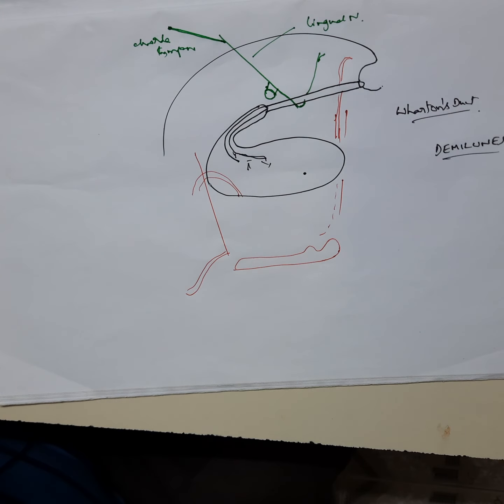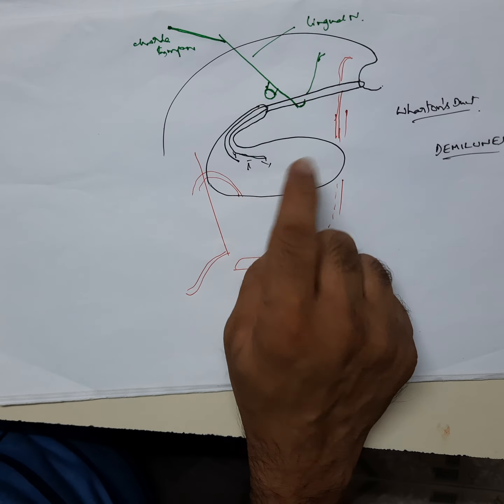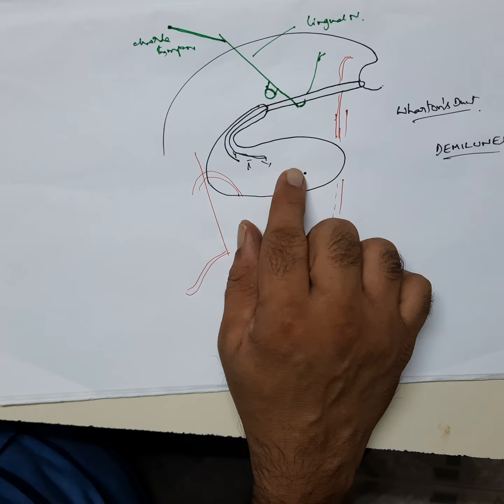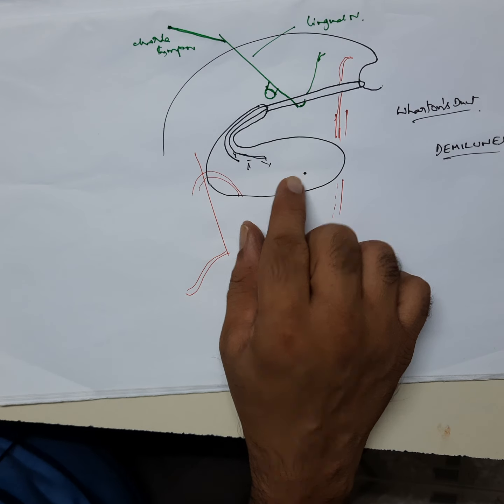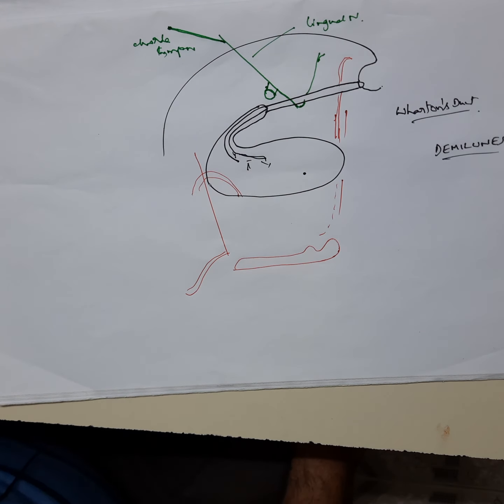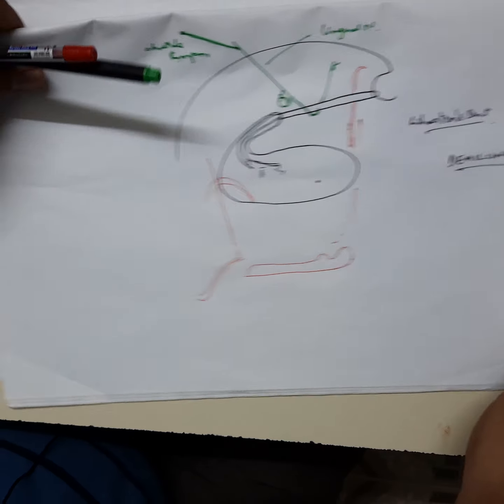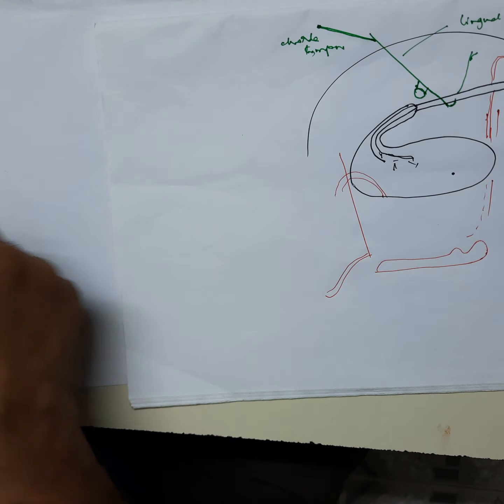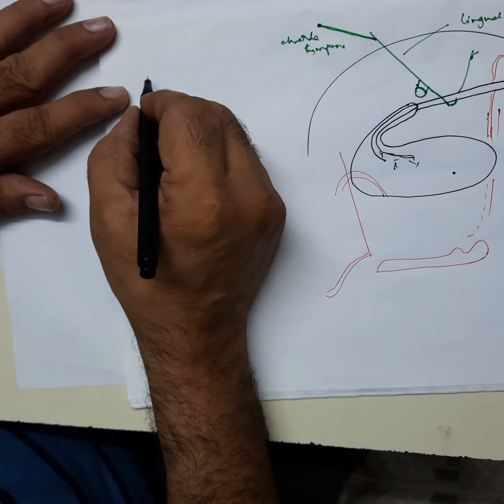Now, regarding the nerve supply, the submandibular gland receives secretomotor fibers from the superior salivatory nucleus which is present in the pons. From there the fibers pass through the nervus intermedius which is the sensory root of the facial nerve. I will give you the details.